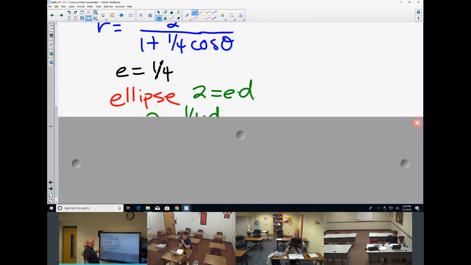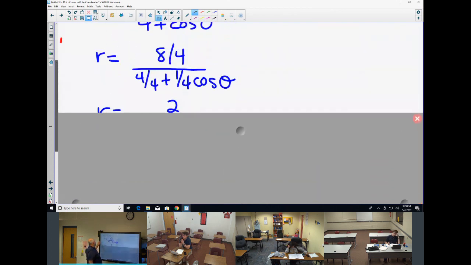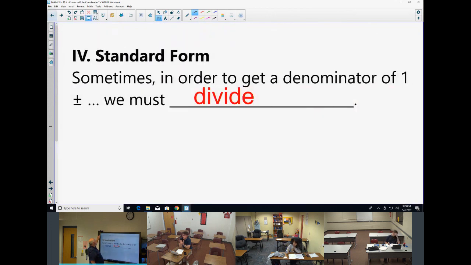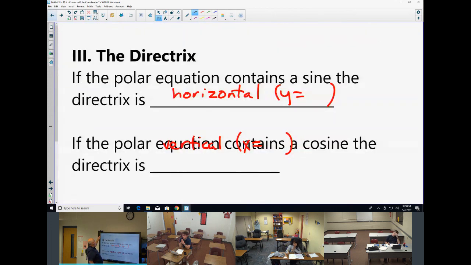All right, good. So then the last part here is actually building the equation with the directrix. If the polar equation contains a sine, then the directrix is horizontal and you have y equals.